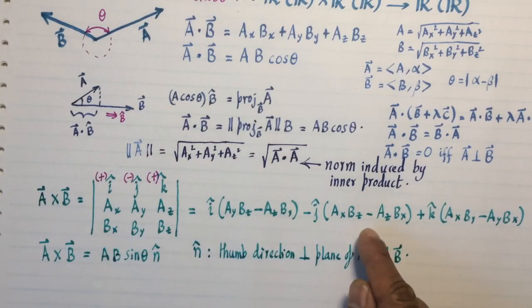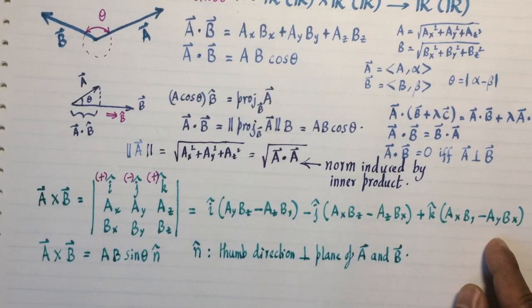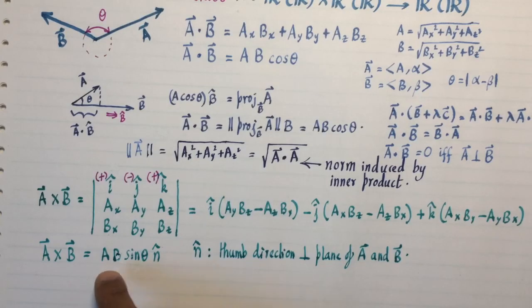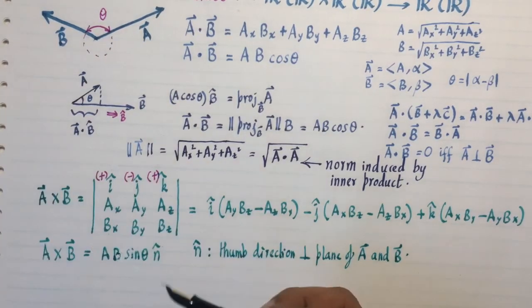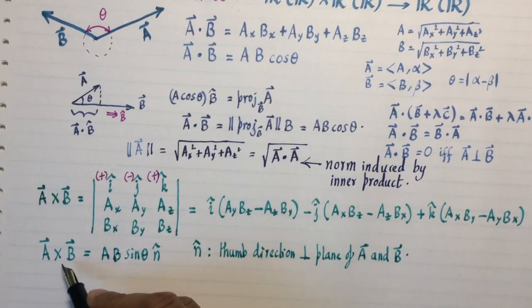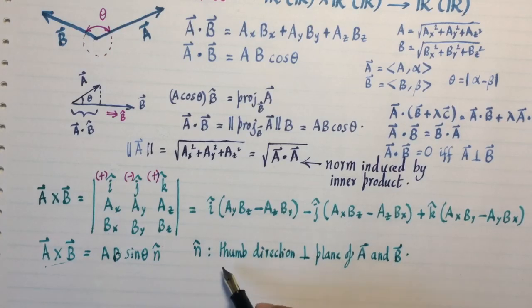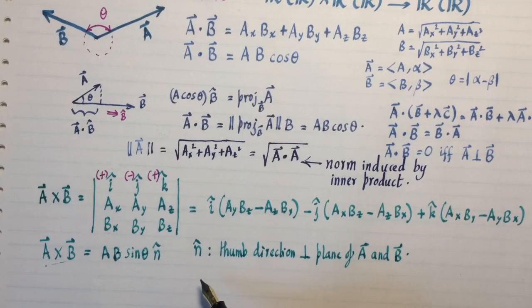There it was not very transparent what A cross B is. It's some random vector with I, J, and K components. But here you learn something interesting about the cross product. The cross product is always going to be perpendicular to the plane containing A and B. In other words, the cross product educates you if you're a two-dimensional creature like an ant scurrying about on the surface of a pie, for example, that's cooling on the windowsill.